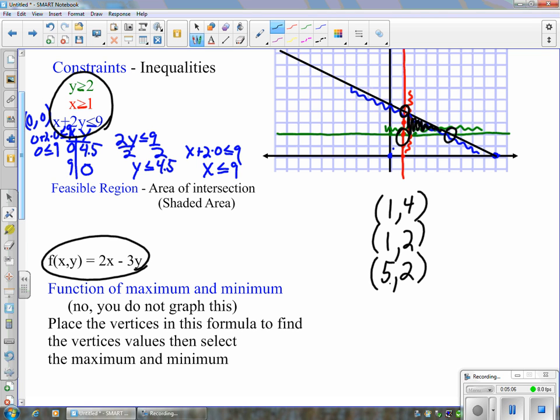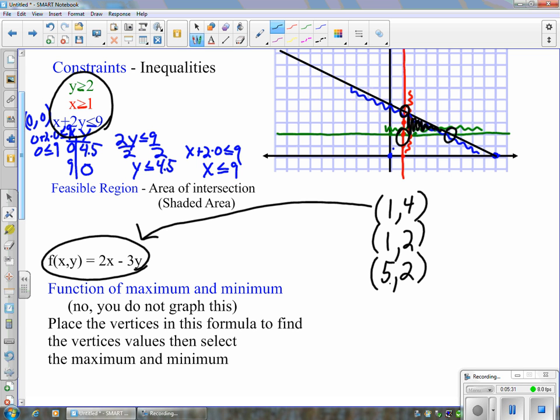Those three vertices, those three corners of intersection, are where the minimum and maximum will be. So then we're going to take this equation, f of x, y equals 2x minus 3y, and put each of these points into those spots.